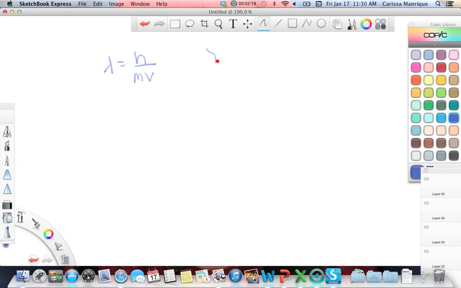Planck's constant is a constant, and we know this is 6.626 times 10 to the negative 34, and the units are kilograms meters squared per second. This is an h. Mass of electron, this is a constant. Electrons always weigh the same amount, and they weigh 9.11 times 10 to the negative 31 kilograms.